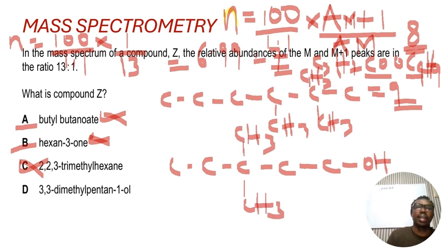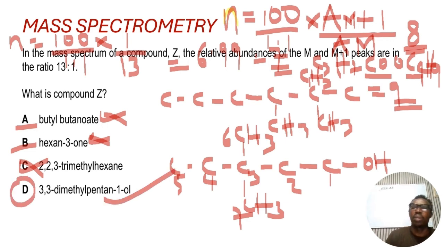So we have to count the number of carbon atoms: 1, 2, 3, 4, 5, 6, and what? 7. So 3,3-dimethylpentanol contains 7 carbon atoms. So D is the correct answer. The correct answer is what? D. So it's as simple as what?